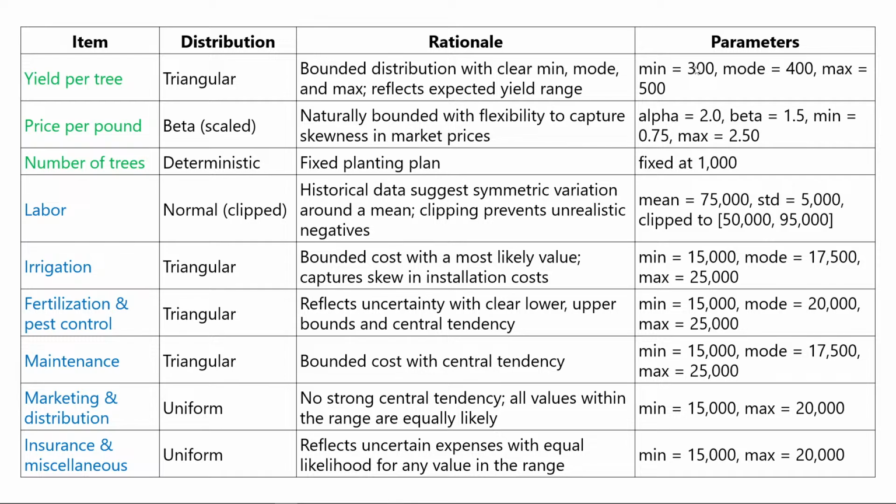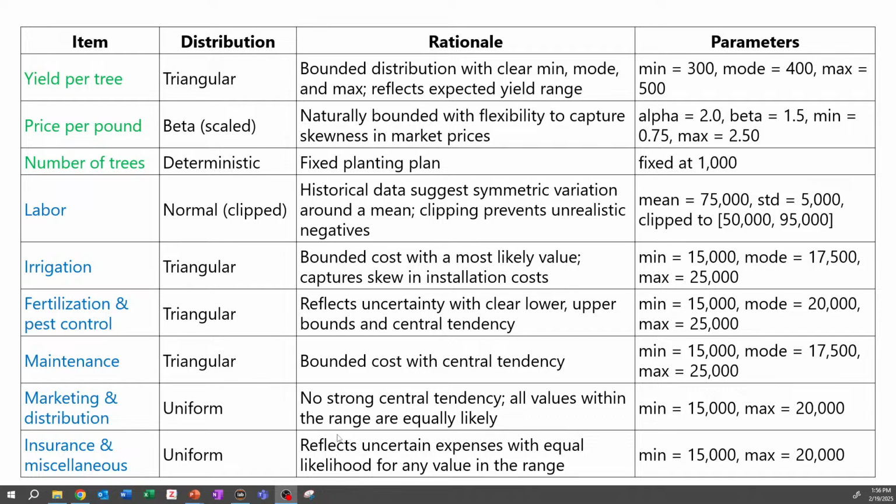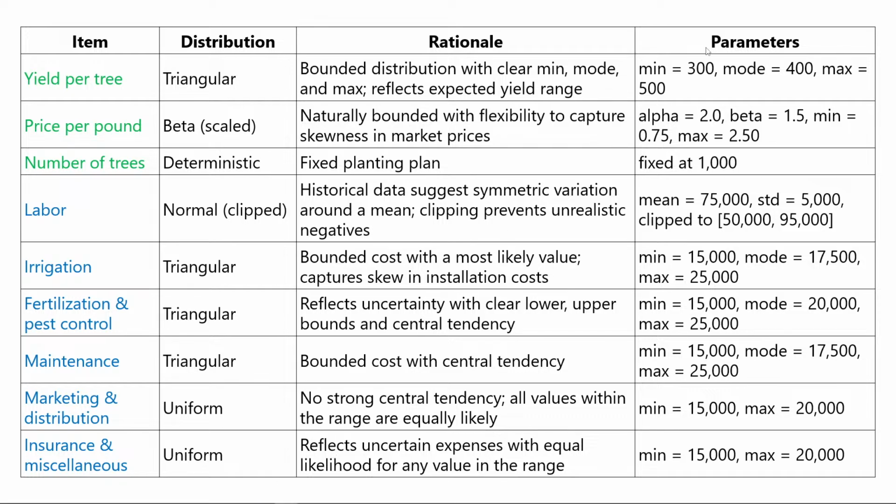And again, I don't know if each tree will give you this number of pounds or not. These are all made up. This number might not be realistic, but the method is the most important part. So each tree is expected to give you about 300 to 400 to 500 pounds.